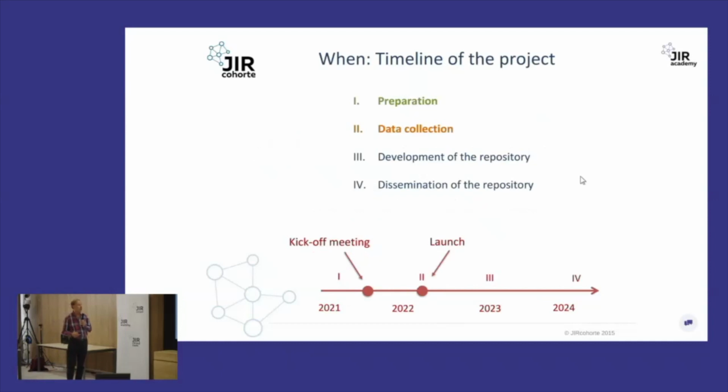We had already a kickoff meeting in Châteaudet in October. And now we can launch the questionnaire in a few days, or 2 or 3 weeks from now. And then, as you see, the project will continue for many years, we hope, for the development of this repository and then for the dissemination. And the idea is, when we have this repository, to update it regularly.